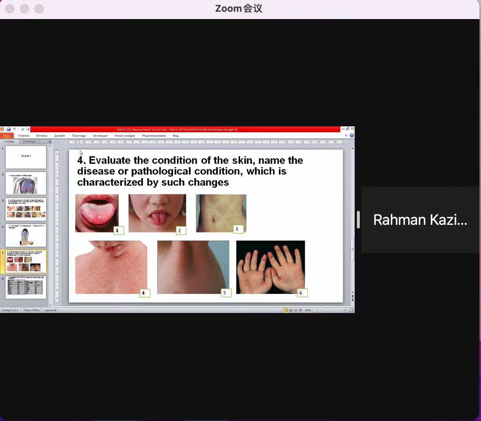Maculopapular. Macular, most often macular. Fine maculopapular. Very fine, yes.